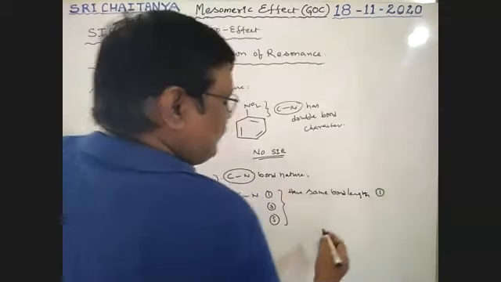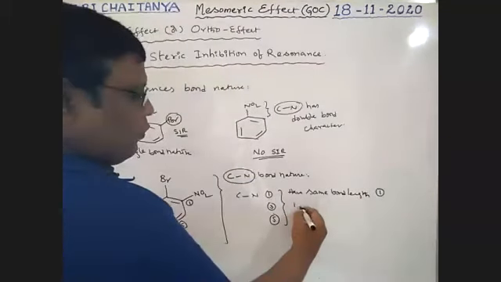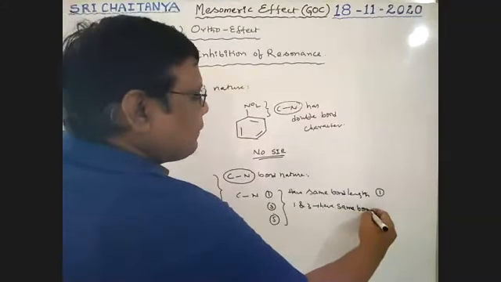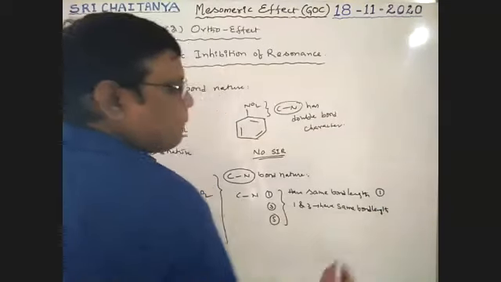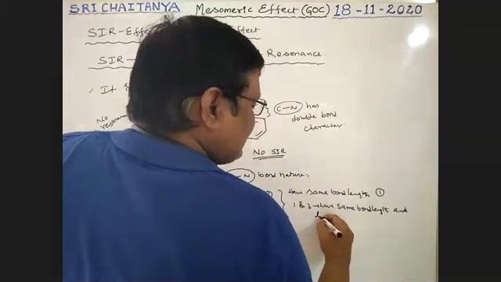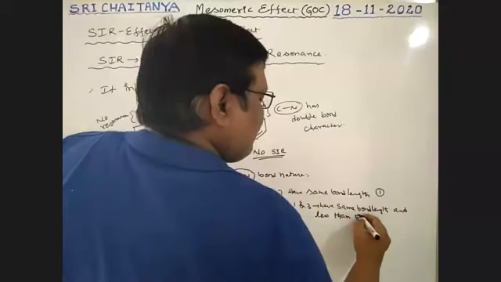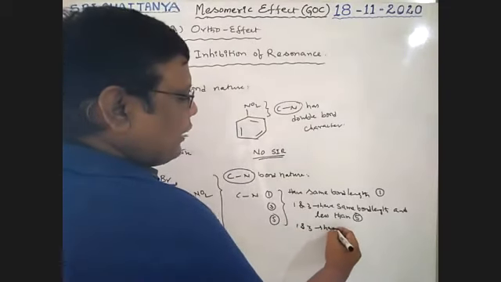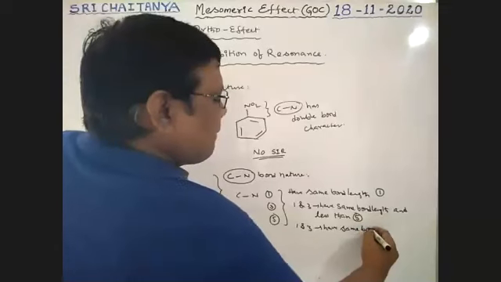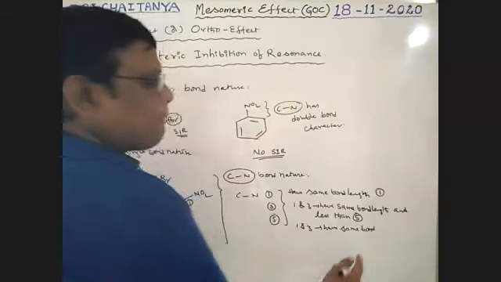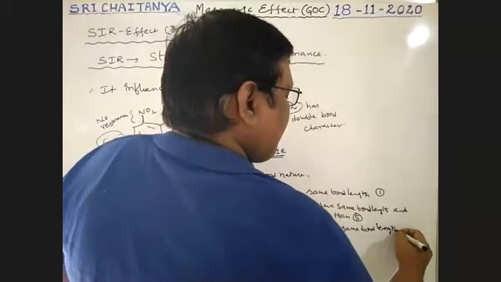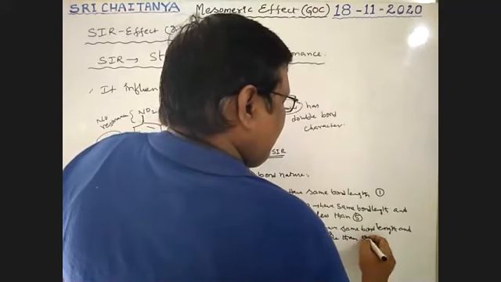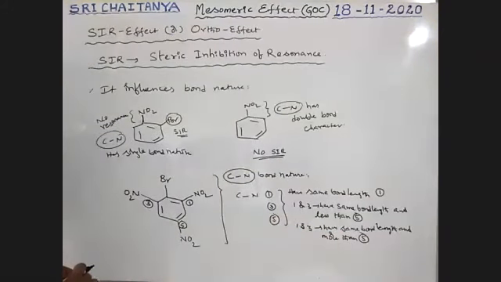First option. Second option: 1 and 3 have the same bond length and less than 5. Next: 1 and 3 have the same bond length and more than 5.